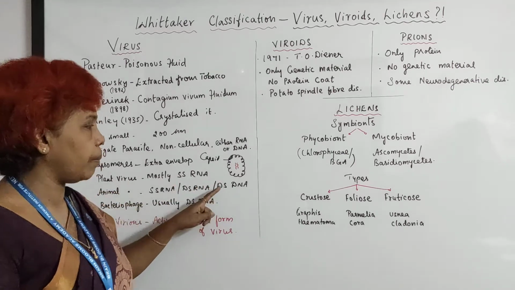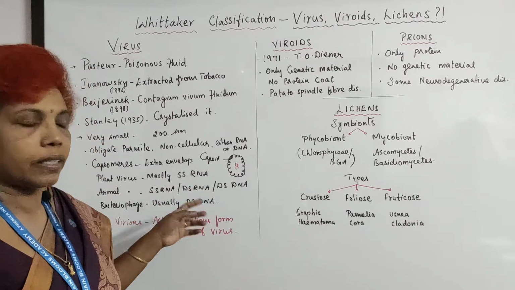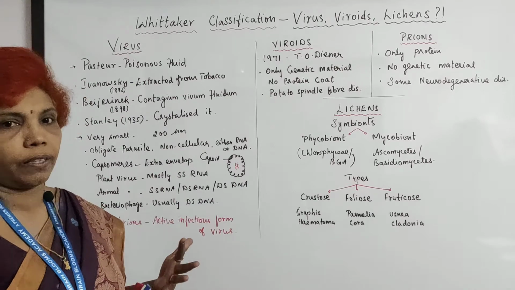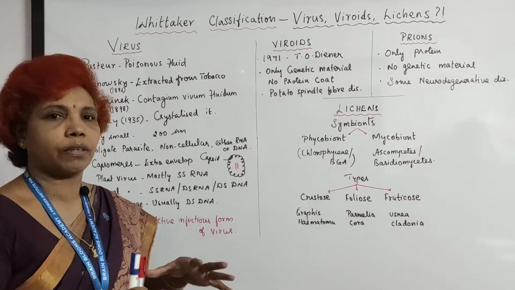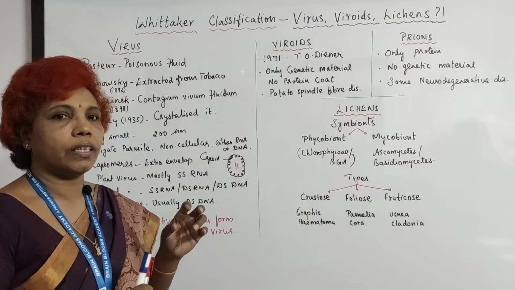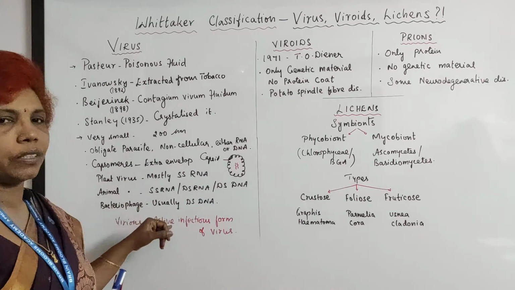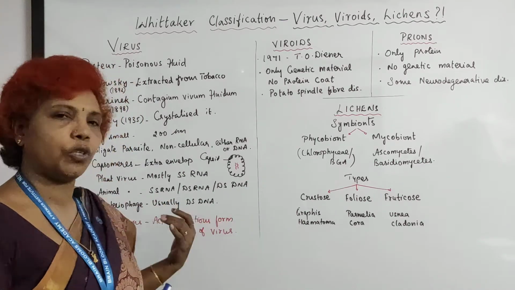That DNA may be double stranded DNA, or single stranded RNA or double stranded RNA, anything will be there. But mostly animal infecting viruses will have DNA as genetic material. And bacteriophages, which infect bacteria, will usually have double stranded DNA.